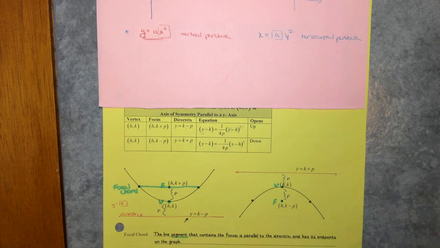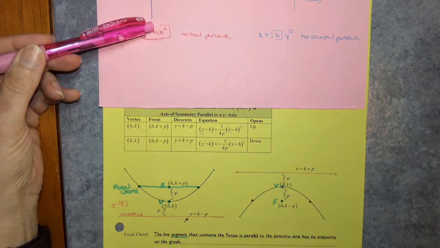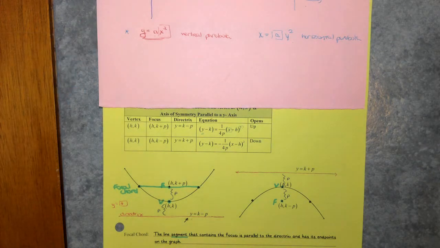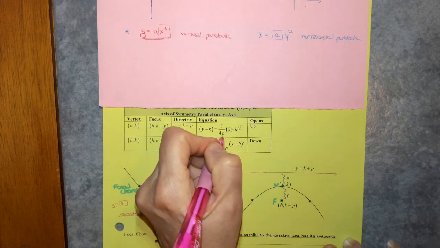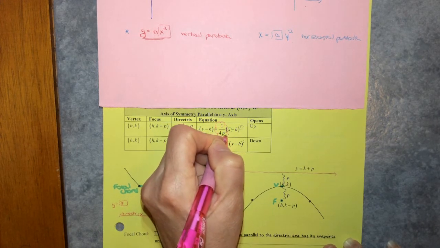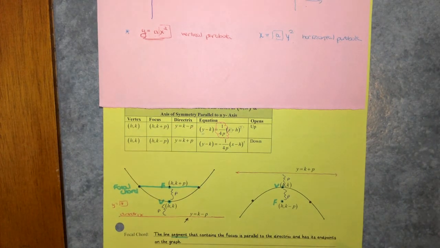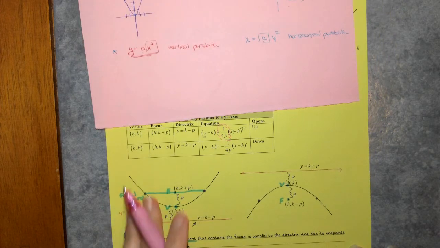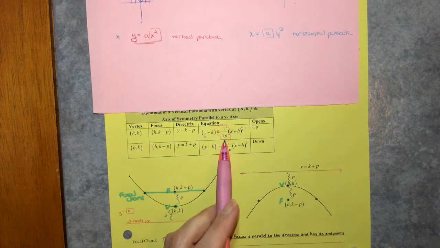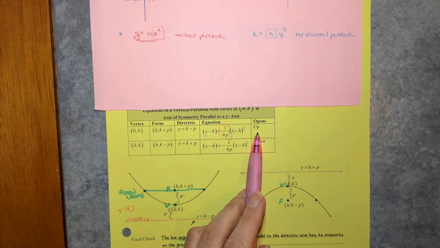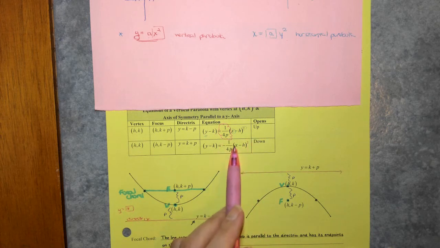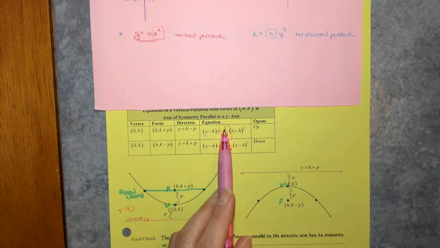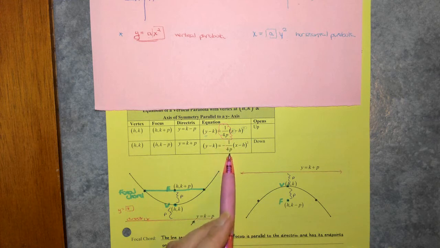You're going to notice that this coefficient is no longer an a in a generic sense, but we've given it something more unique. We've said it's 1 over 4p. That's going to be a positive value when the parabola opens up, and that overall coefficient will be negative, but with the same fractional relationship of 1 over 4p, when it opens down.